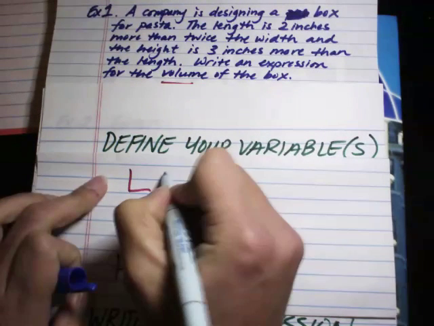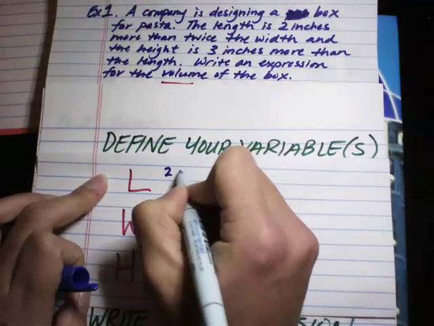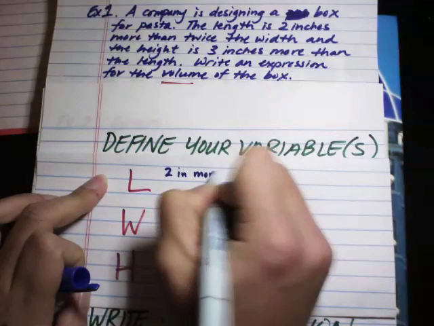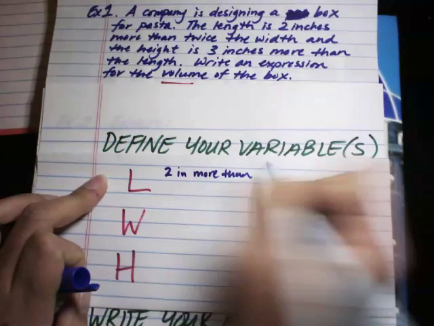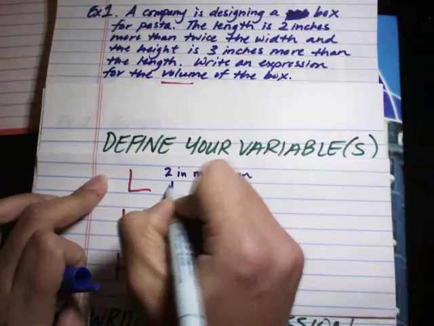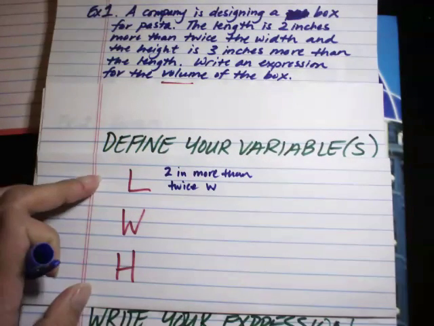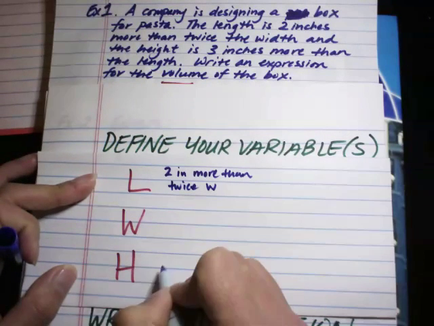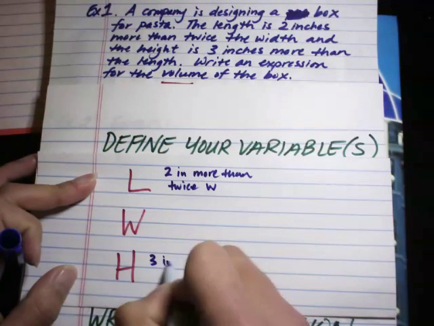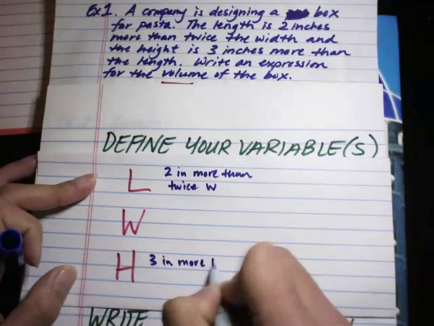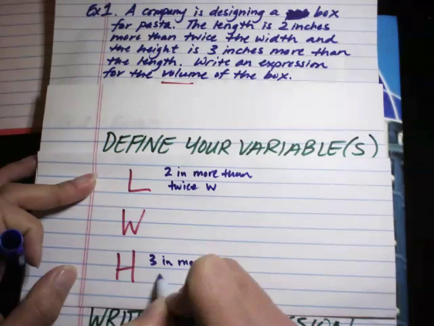So the length is 2 inches more than twice the width. Twice the width. And then we also know that the height is 3 inches more than the length.